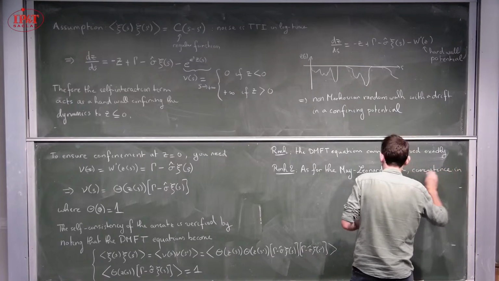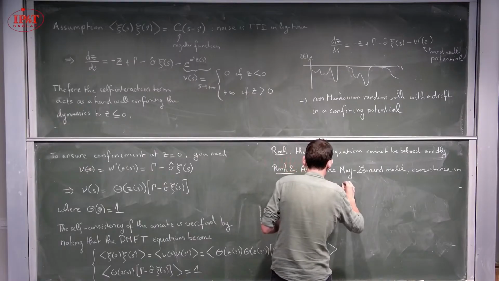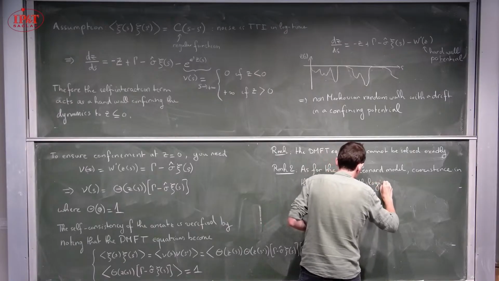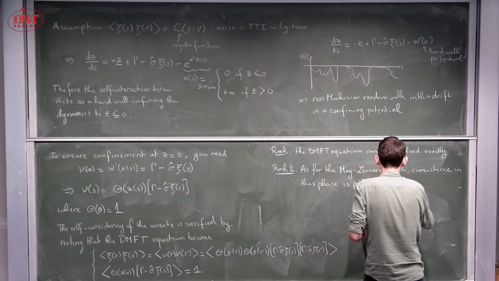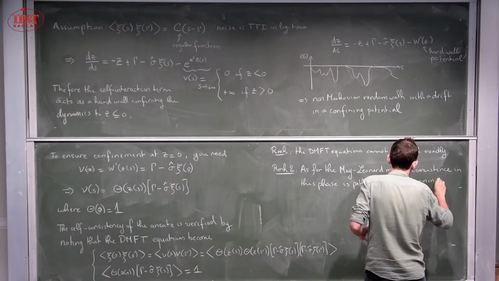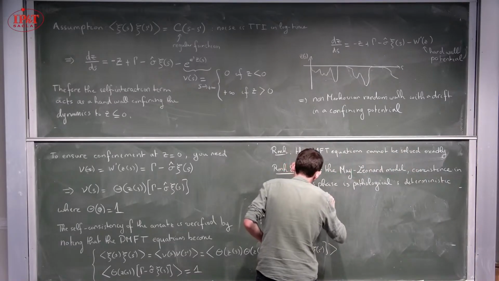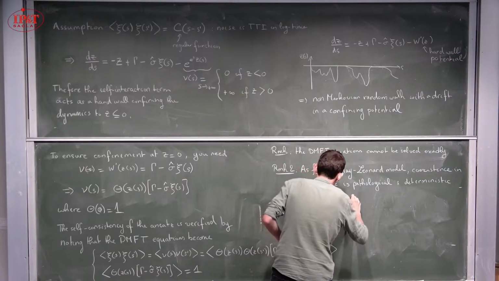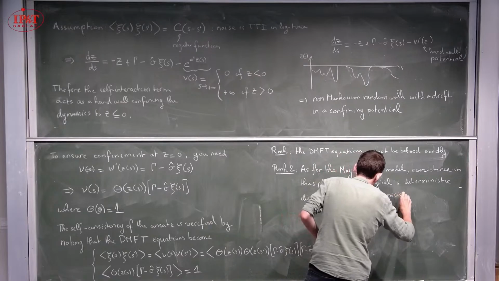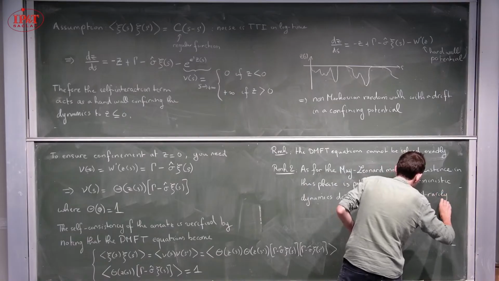Coexistence in this phase is pathological, because the deterministic dynamics drives every species arbitrarily close to extinction.